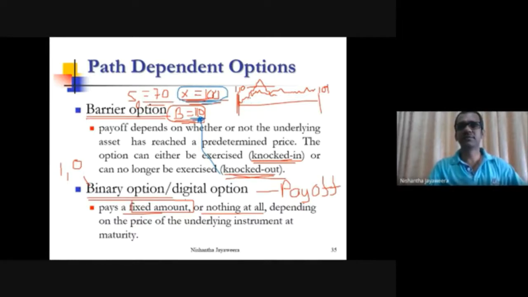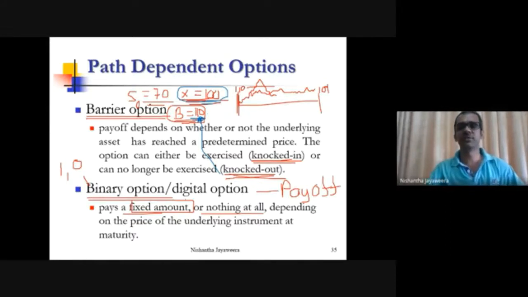There's a clause saying during this 3-month period, if on a particular day the price trades above 110, then this option becomes or is considered as expired or ineffective.